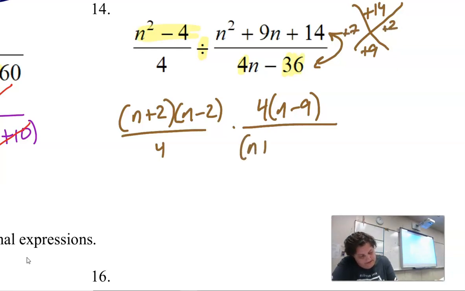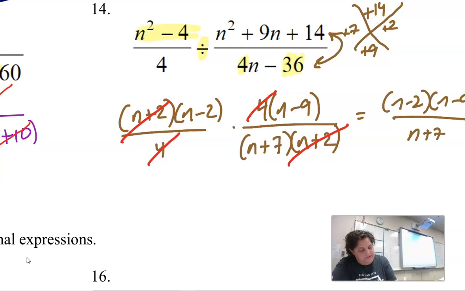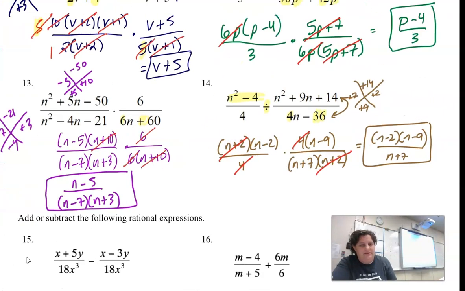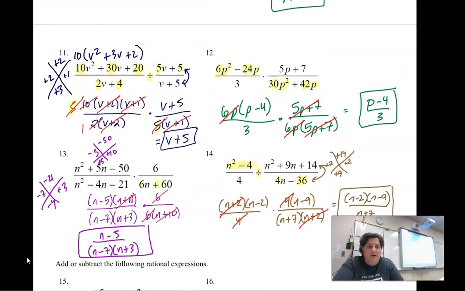Okay, so that's going to be plus 7 plus 2. So I can cross off a 4 and a plus 2, and that's it. Okay, so on the top, I have an n minus 2, an n minus 9, and then an n plus 7 on the bottom. So again, sometimes you can only cross off 1 or 2 things, but that's all right. It'll still work.